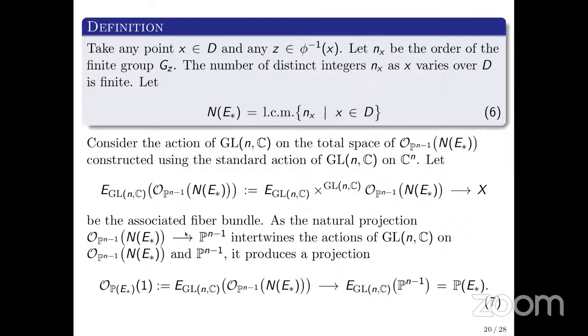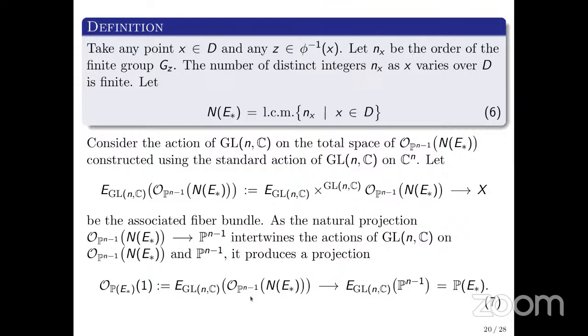As the natural projection map intertwines the action of the general linear group on this line bundle and P^n, it produces a projection to P of E star. And we will call this line bundle the tautological line bundle on P of E star.